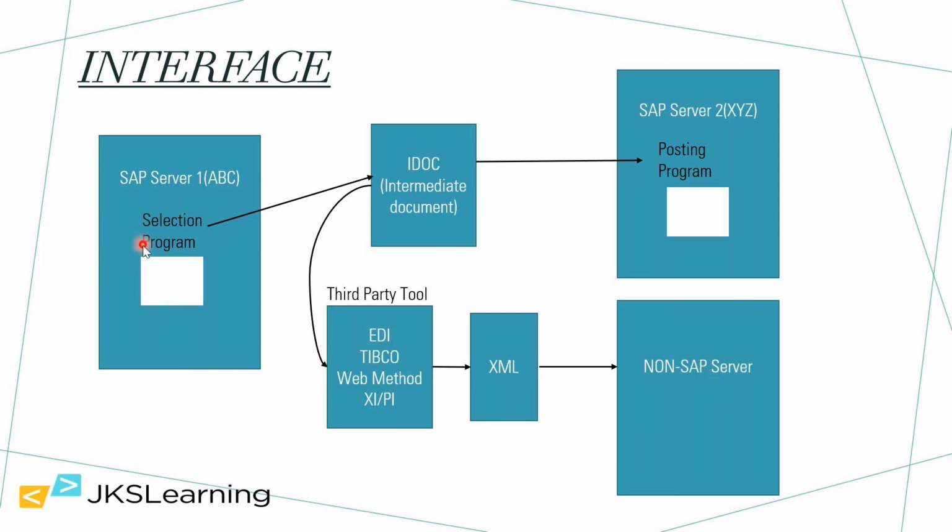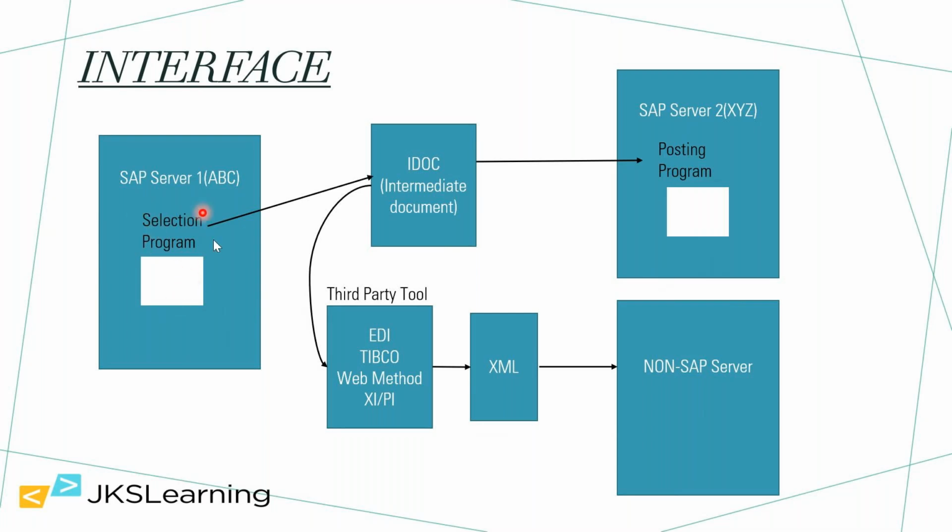Now suppose all these three customers are partners. When I say partners, there is sharing of information. When I say sharing of information, all these systems should be connected to each other so that information sharing can be easily done. Now, the ABC company received one order.